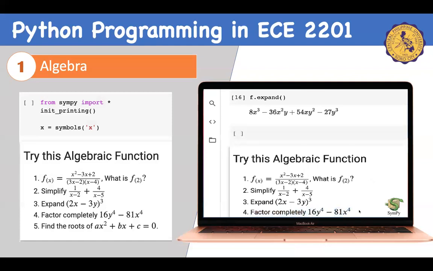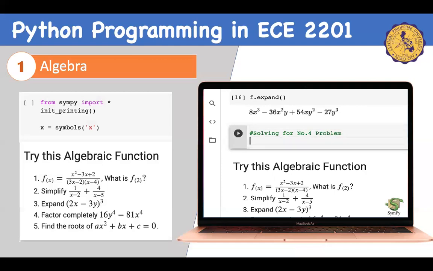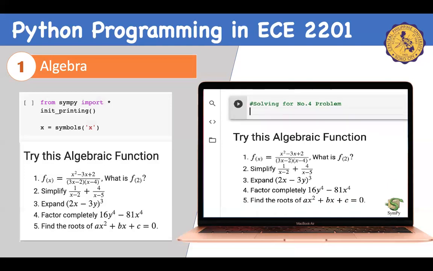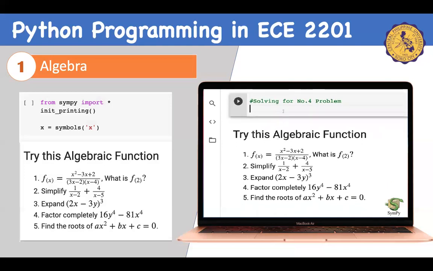All right, now we go to the next problem, problem number 4. Let's start with creating a function here.